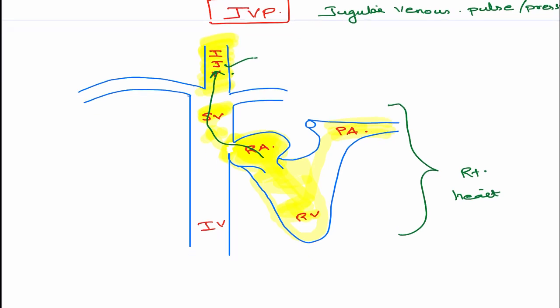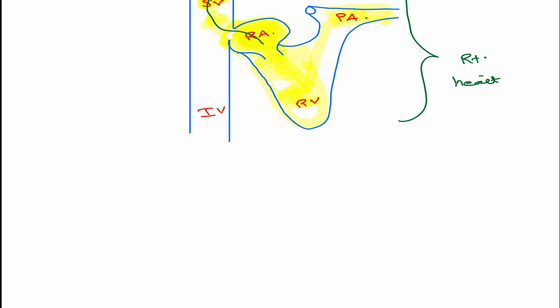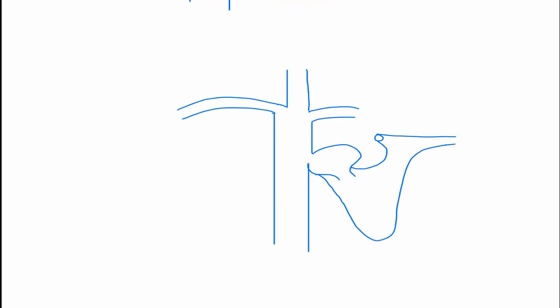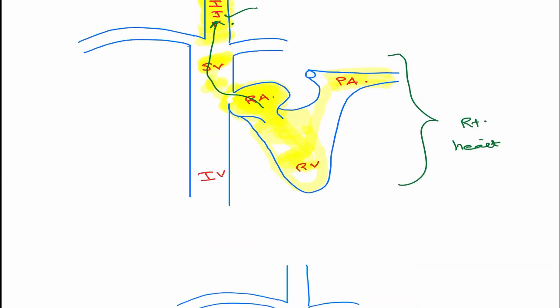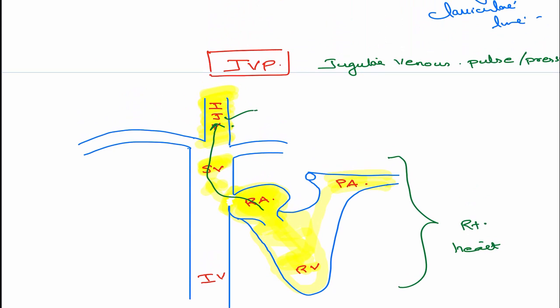Now let us see how the different waveforms are formed. Considering the same image once again, this is the right atrium, right ventricle, and pulmonary artery. Now what is the normal pressure within the internal jugular vein?